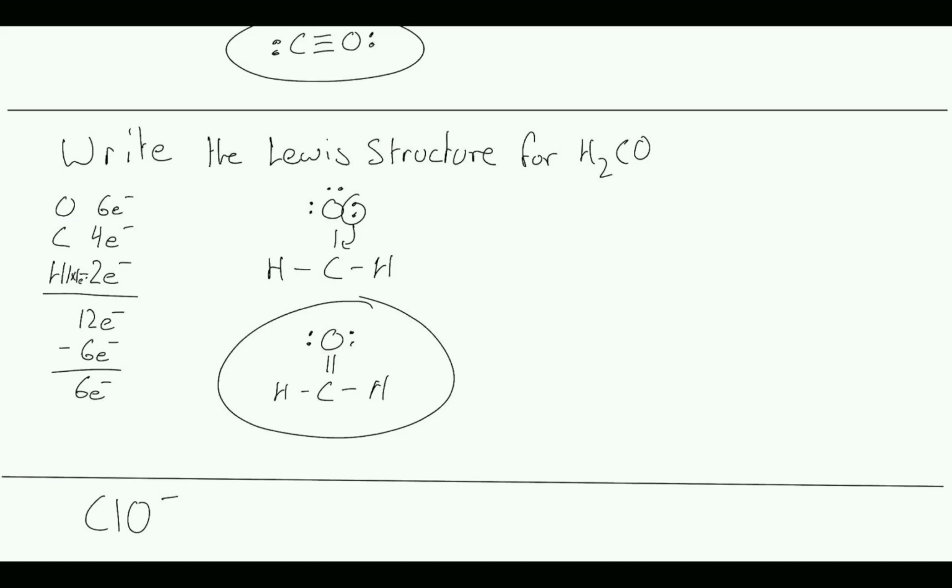Hydrogen's small. It only needs 2 electrons to be stable, because having 2 electrons completely fills its 1s orbital. So it's got the same electron configuration as helium, which is stable.